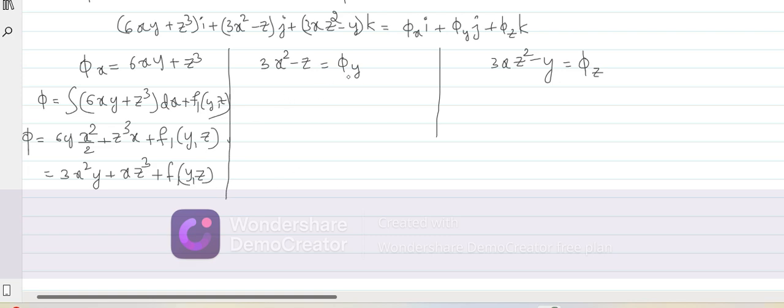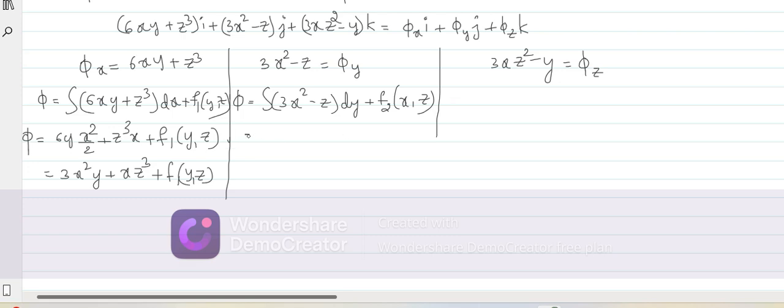Now we have ∂φ/∂y equal to 3x² - z. Let us calculate φ by direct integration. Here we are doing integration with respect to y, so x and z are constant. So the integration of 3x² - z with respect to y, and here the integrating constant, let it be f2, must be a function of x and z.